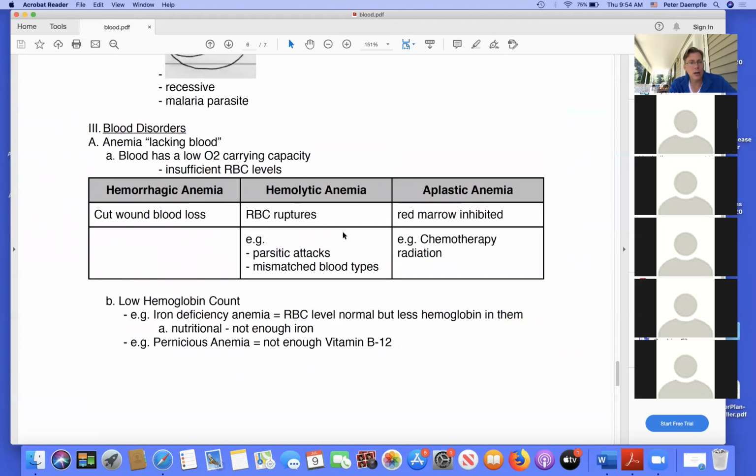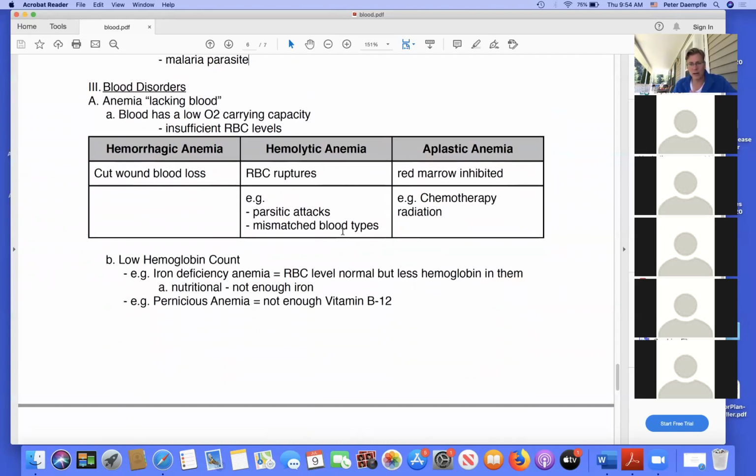Let's talk anemias. I alluded to these just shortly ago. Anemia means a lacking of blood. If you're anemic, that means somehow you're not having enough blood carrying the oxygen. I can always tell by someone's fingers. If I'm pushing down on it and your finger looks like this, you have anemia.